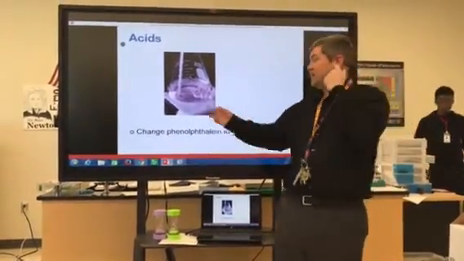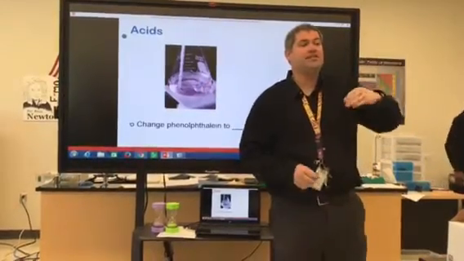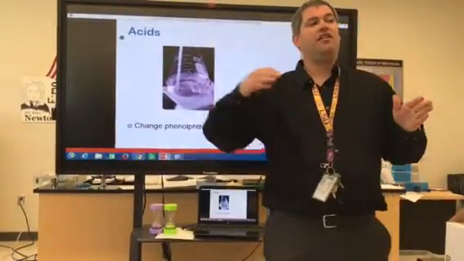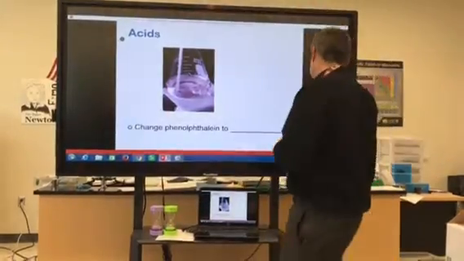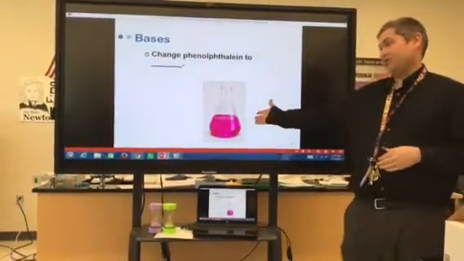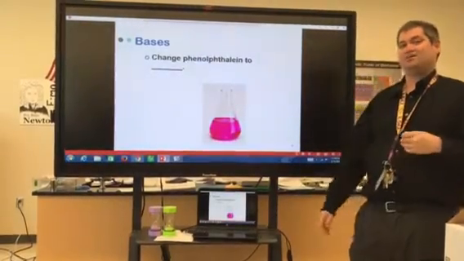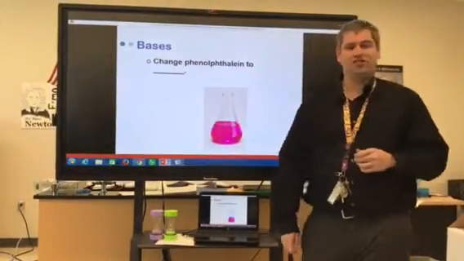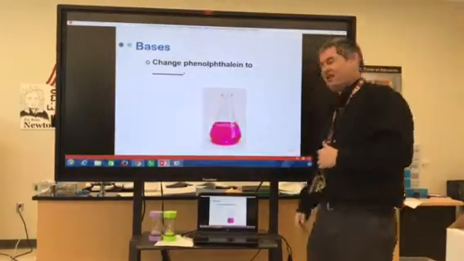The way we get it to pink is we add base until the pH is above 7, and that's when it will turn pink. And that's what it looks like when you dump a bunch of base into an acidic solution.